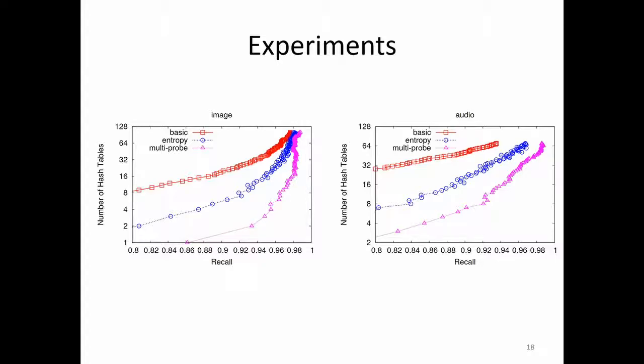In any case, the authors have chosen a certain number of these, and they are showing that here also you need more hash tables to achieve the same recall, whereas the pink one is the multi-probe LSH, and the authors show that you generally need a lesser number of hash tables for achieving a certain recall. Of course, things become exponentially difficult. After a while you cannot increase the recall, and this is always the case.